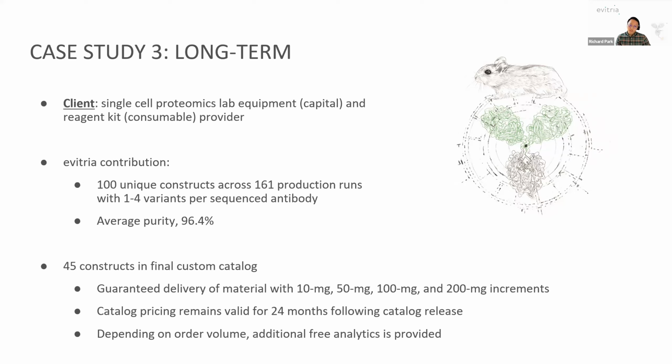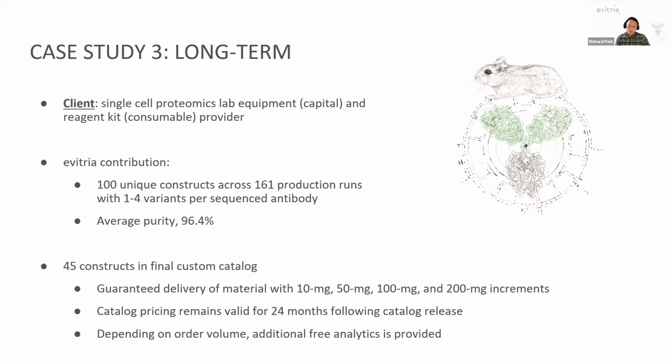And so from this, there was an average purity of roughly 96.4%. On Evitria's end, because we have a standardized approach, the amount of aggregation that you might see once a material is produced is highly, highly dependent on the sequence that is provided.